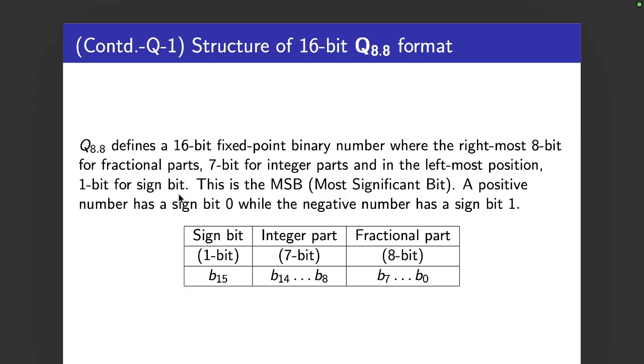For a positive number the sign bit is 0, and for a negative number the sign bit is 1. So this is the structure of a fixed point Q8.8 16-bit binary number.